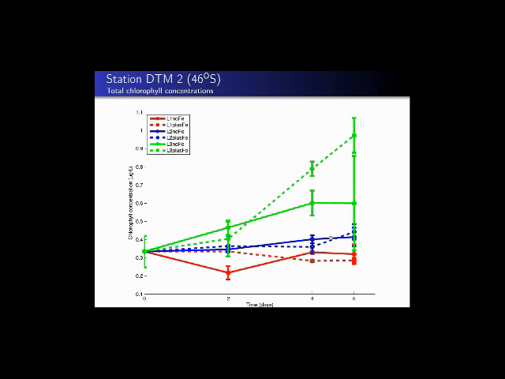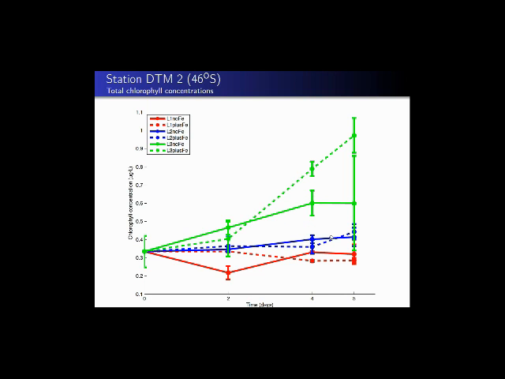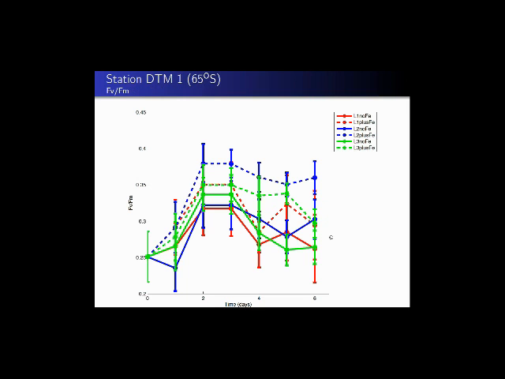But how is this different to our results from the samples at 65 South? At 65 South, we saw that added iron is what increased our photosynthetic efficiency the most. You'll see the dashed lines here, here, and here. They all represent our added iron, and all of these are higher than the no iron samples.